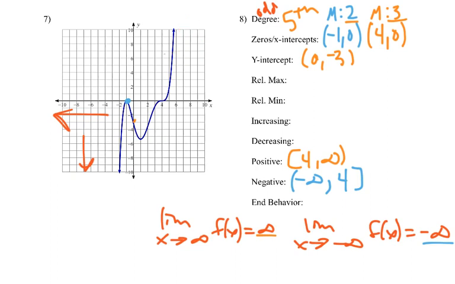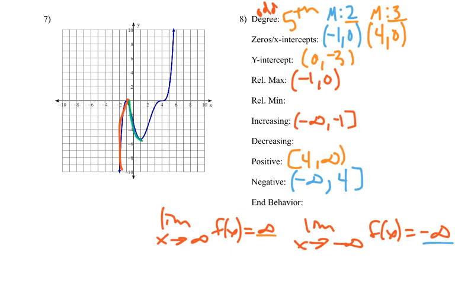Then we can take a look at increasing and decreasing, or our maximum and minimum. So maximum here at that x-intercept, so -1, 0, which means I start out increasing from negative infinity until I hit -1. Okay, then I'm going to decrease down to our minimum here.